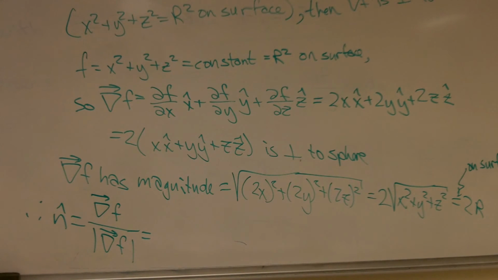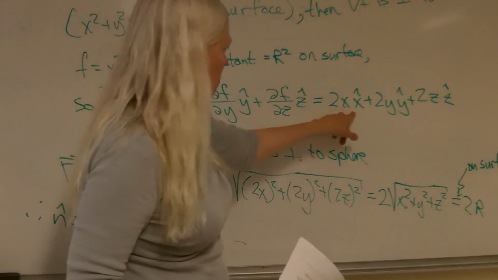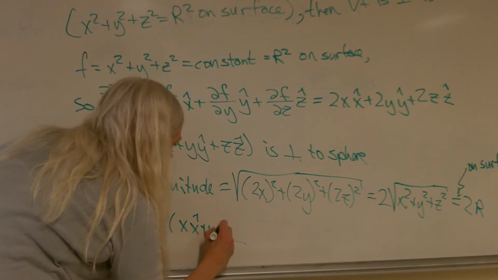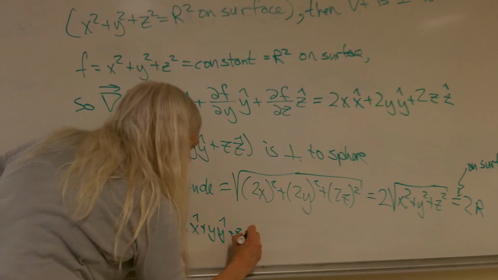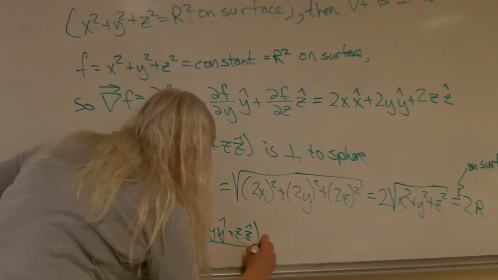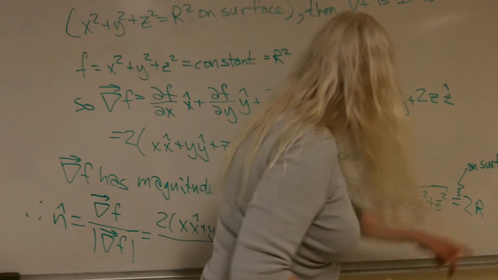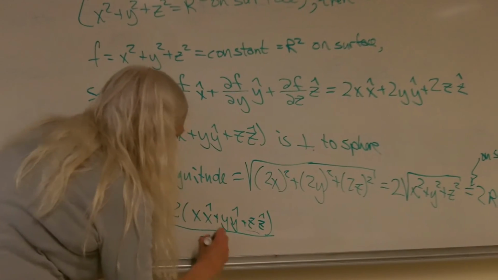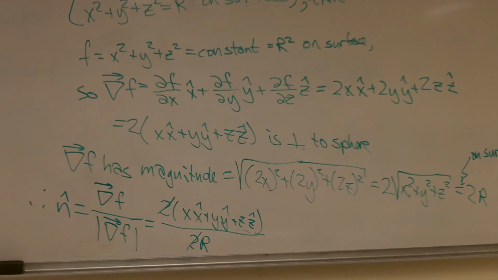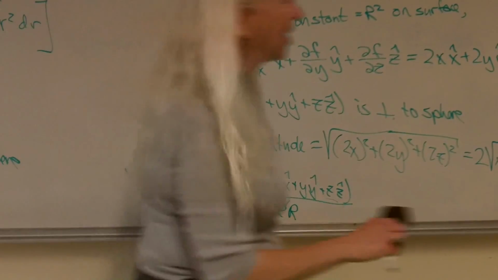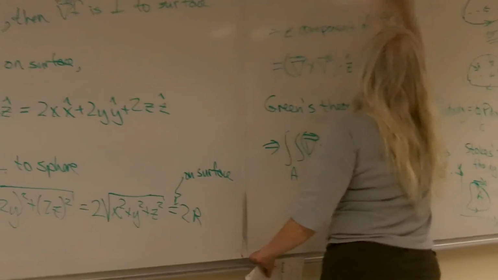So the gradient of f was 2 times x hat plus y hat plus z hat, and we're going to divide by the magnitude of the gradient of f, which worked out to be 2 times capital R. Okay, so the 2's cancel. Now, all of this would have been so much easier in spherical coordinates, but let me just finish showing you in Cartesian, and then you can see how much easier it would have been in spherical coordinates.